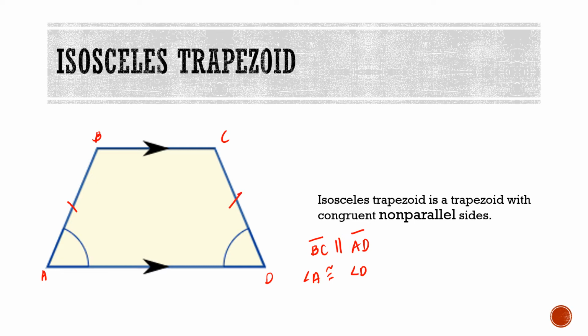These are the two congruent non-parallel sides of the isosceles trapezoid. Therefore, if side AB measures 5 meters, side DC also measures 5 meters.